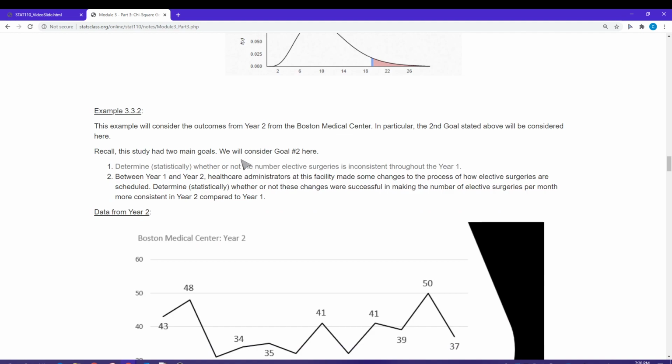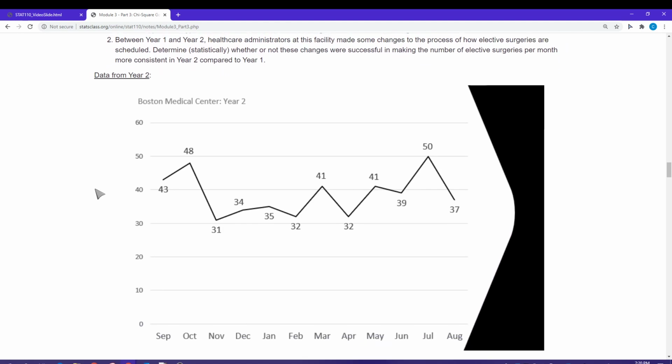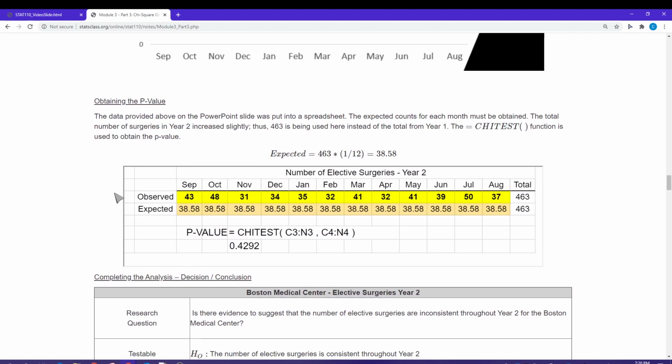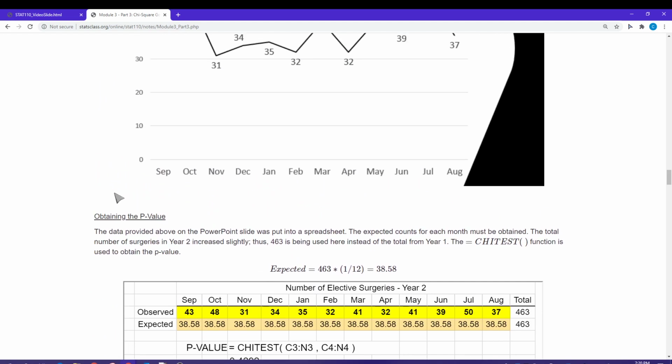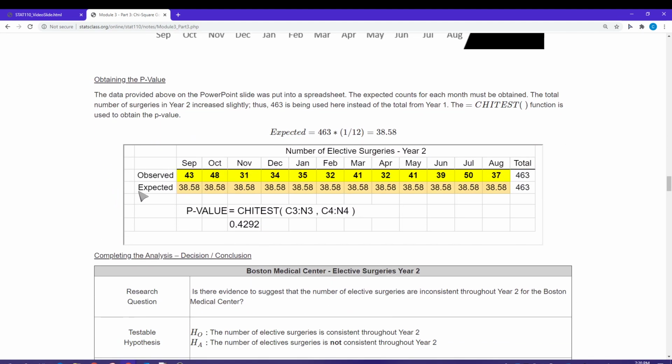Let's talk about example 3.3.2, which is from the same organization, except now I'm looking at data from year 2. So this is after they made their change to their scheduling process. They are hoping that these data are more consistent than what we had up above. What I would need to do to compute the p-value is again simply enter the observed numbers, which are 43, 48, 31, all the way down here.